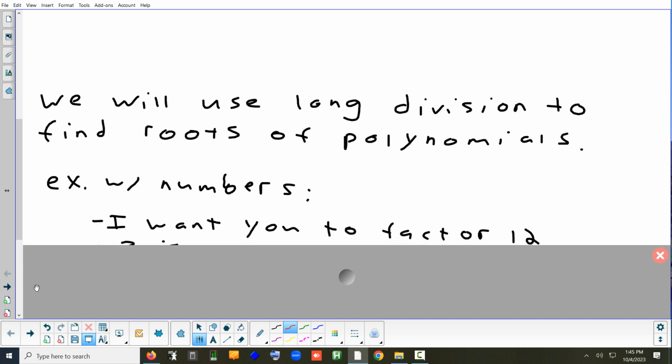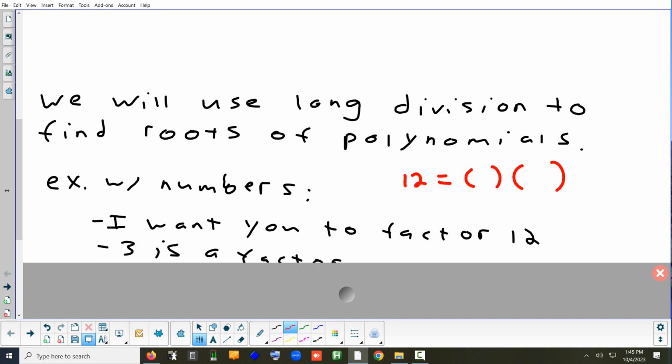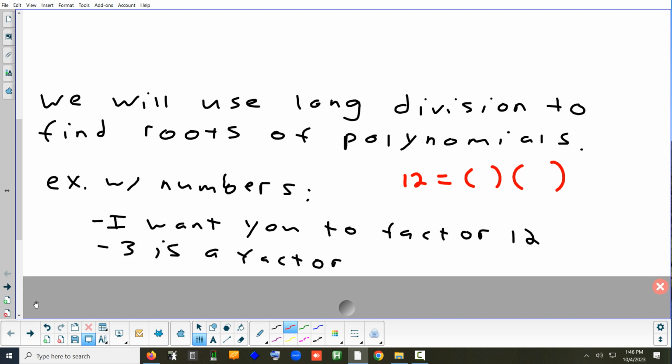So let's say I want you to factor the number 12. To factor the number 12 means to take the number 12 and write it as something times something. Now I'm going to give you a hint: I'm going to tell you that 3 is a factor. If you know 3 is a factor, what could you do to get the factor you don't know?